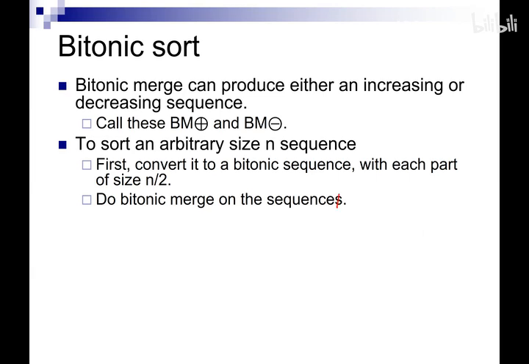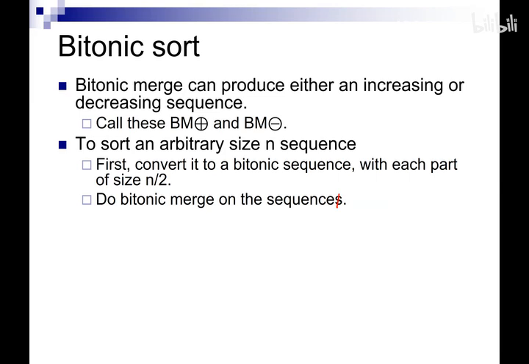So there's just one sequence here. Again, you take your arbitrary sequence, convert it into a bitonic sequence where the increasing part has size n/2 and the decreasing part has size n/2, and now you do a bitonic merge on this bitonic sequence, and that is going to produce a completely sorted sequence.